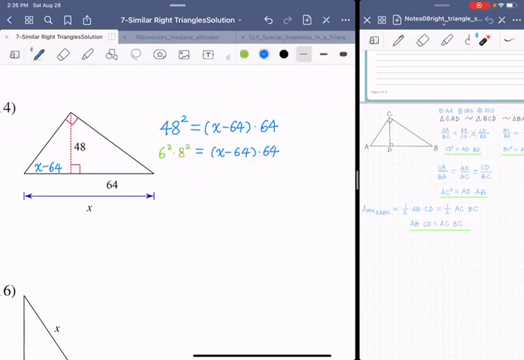So 36 equals x minus 64. X equals 100. Very good.